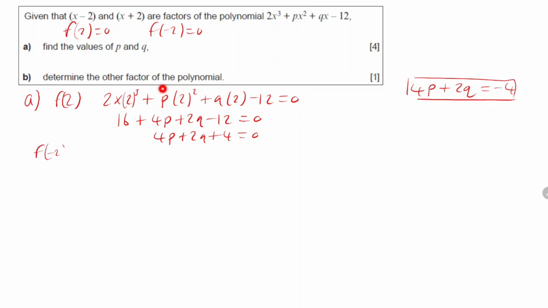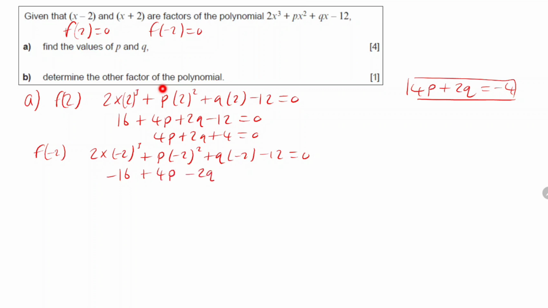When f of x is minus 2, we substitute in, so it'll be 2 times by minus 2 cubed plus p times by minus 2 squared plus q times by minus 2 minus 12 equals 0. And this will be minus 16. Minus 2 squared is 4, so it's still 4p.